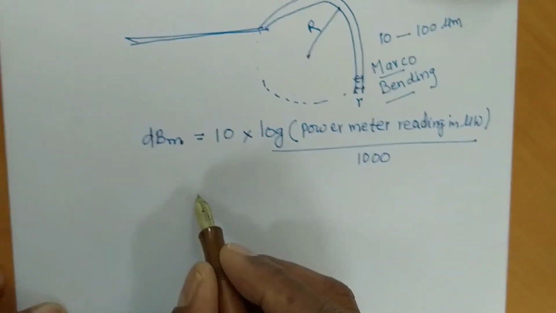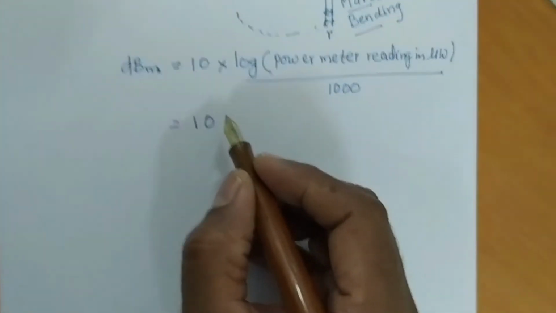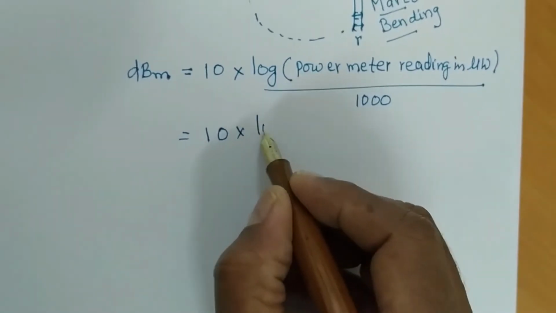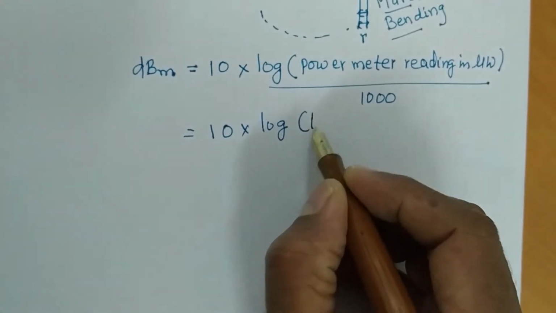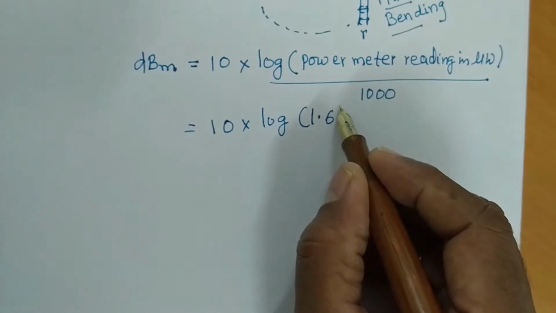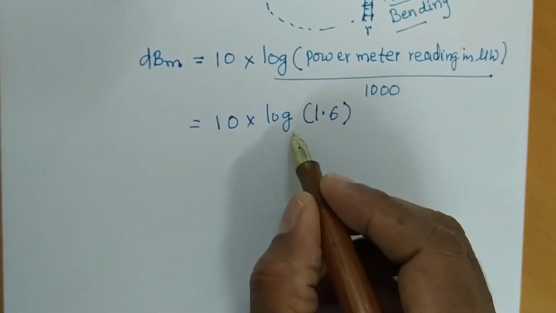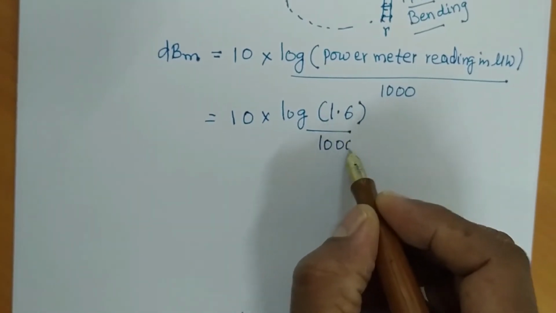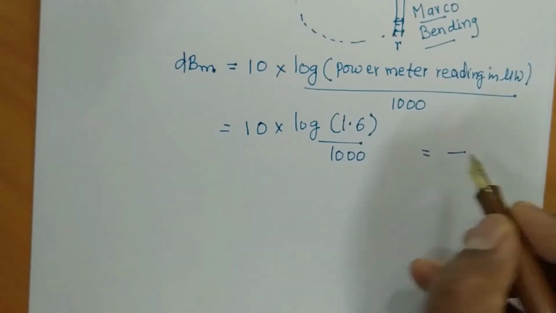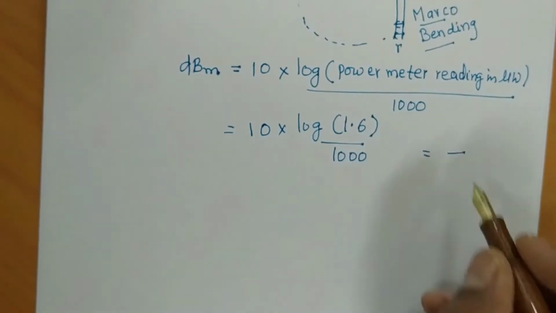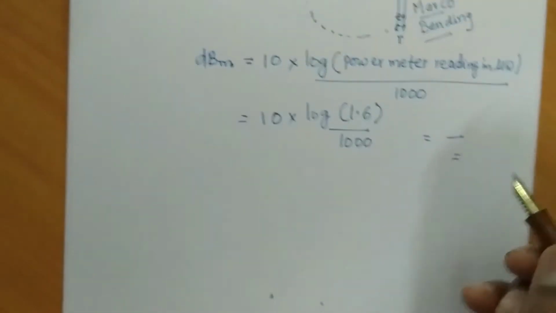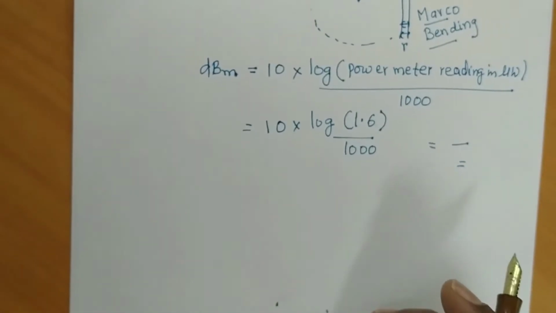So in this case we have 10 into log of power meter reading, which is 1.6 microwatt. Don't convert into watts, keep it as it is, divided by 1000. You will get a negative sign here because this is 1.6. Therefore that negative sign also you need to write down.